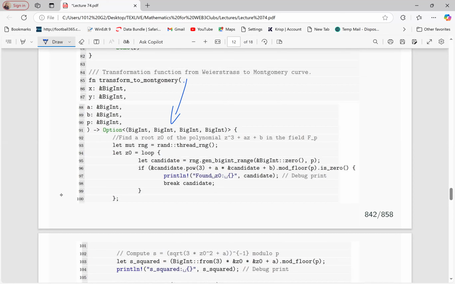So you must give it the point on the short Weierstrass, the x value of the point, and the y value of the point. Supposing I'm talking about 2, 3, we're giving it the x value, and you're giving it the y value. Then supposing our short Weierstrass equation is, I'm just supposing, I've not checked whether this is an elliptic curve.